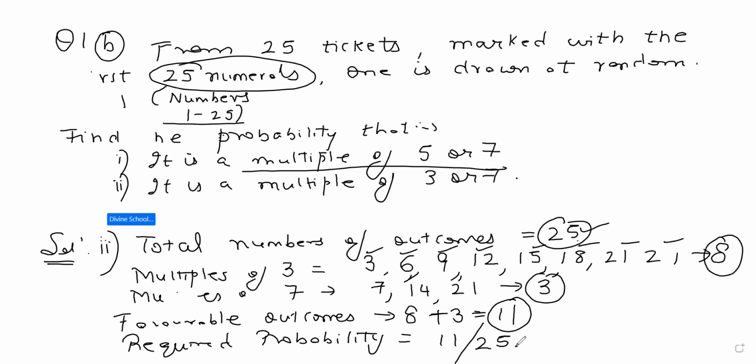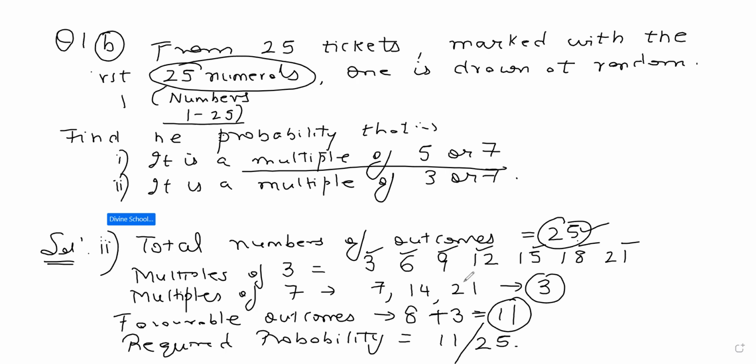Okay. So I think there's a small mistake I have made. I think I've counted 21 twice because 21 is common in both. So let me correct this. Multiples of 3 and 7.